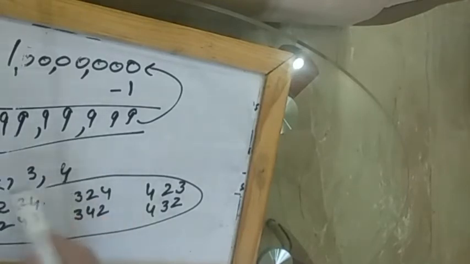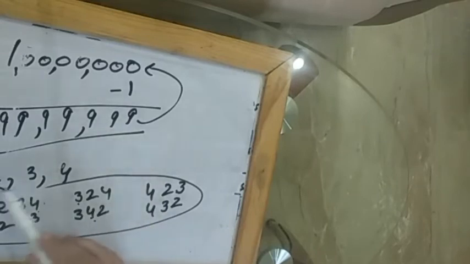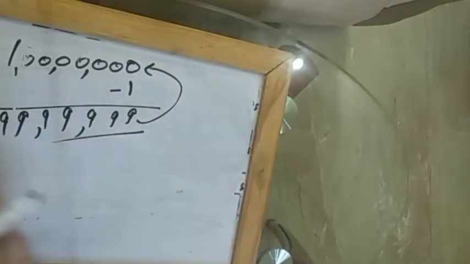So these are the 6 numbers I can form using these 3 digits.